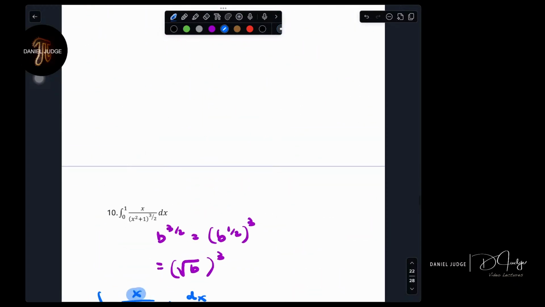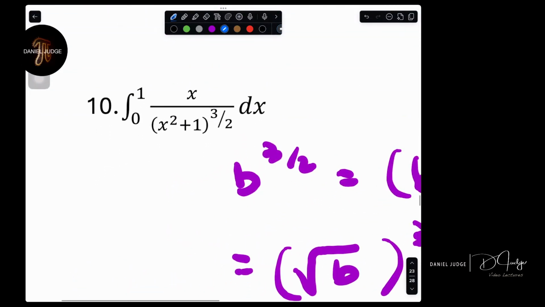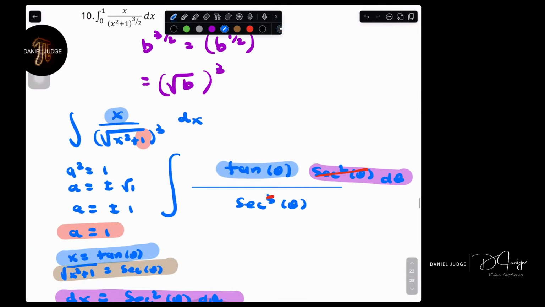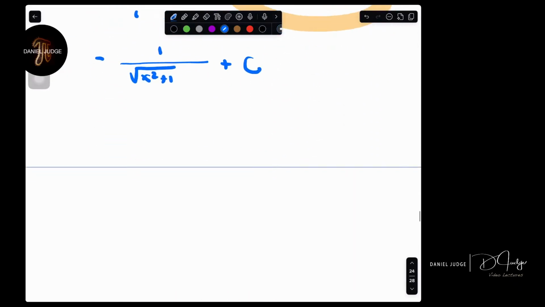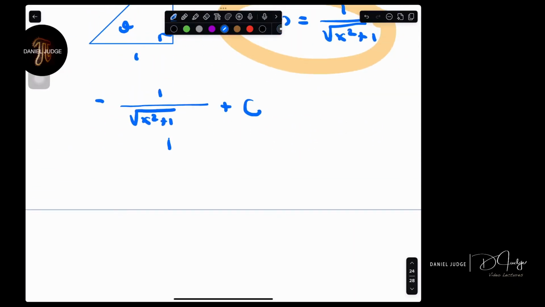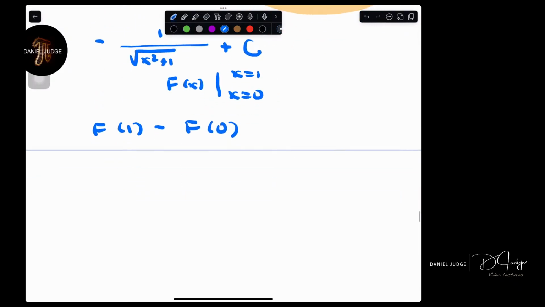Right? Did we have limits? Yes. The limits go from 0 to 1. So this is my antiderivative, but we had limits, so we have to evaluate this from x is 0 to x is 1, which really means we're going to have f of 1 minus f of 0.